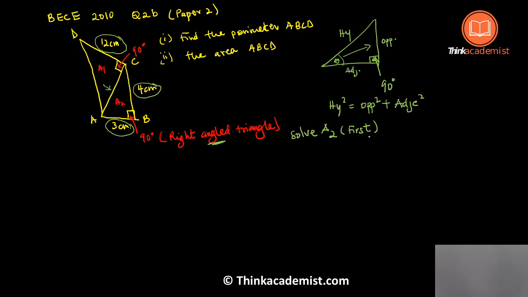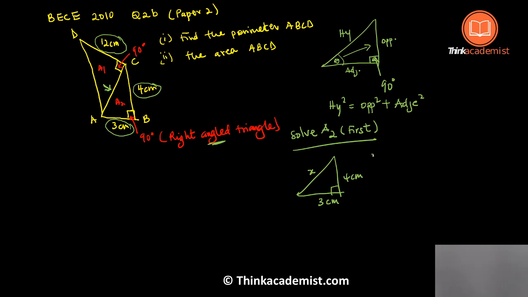Solving A2 first means I'm going to draw A2 quickly. This place is 4 centimeters and this place is 3 centimeters. This is the part that we want to look for, which, compared to this drawing, is the hypotenuse.